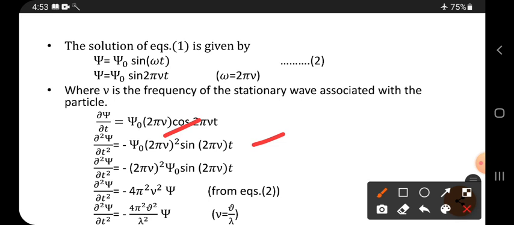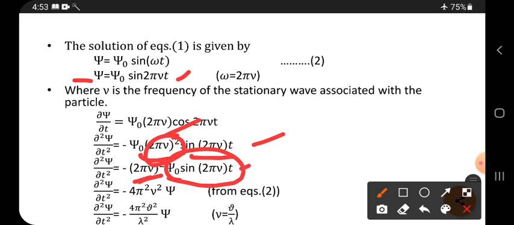Just write this side, make it one side, and this term on one side. So sin of 2 pi nu t is what? Psi. So here also sin of 2 pi nu t is psi.